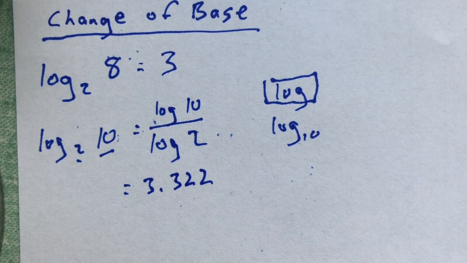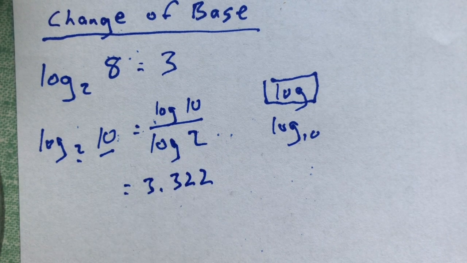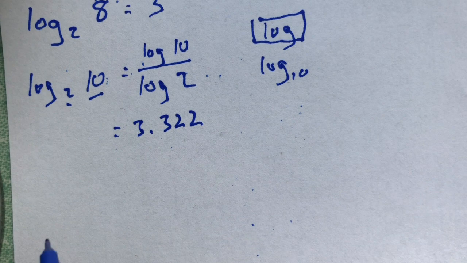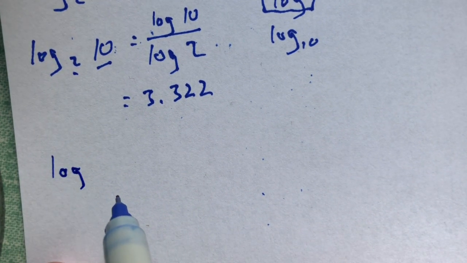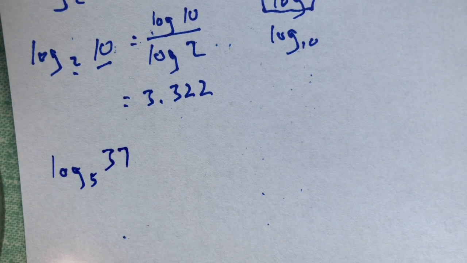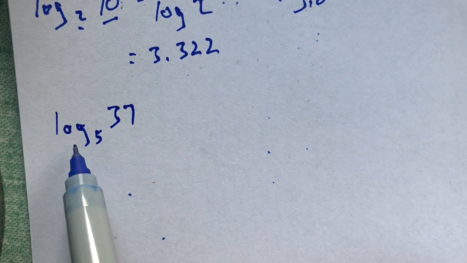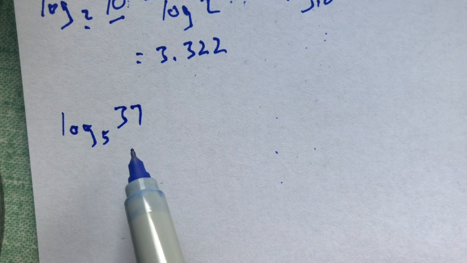But it's pretty straightforward. You just take the log of the number you were interested in before and divide it by the log of the old base. Let's say we wanted to do log base 5 of 37. So again, remember what we're doing is we're saying some power of 5 makes 37. What exponent on 5 makes 37?